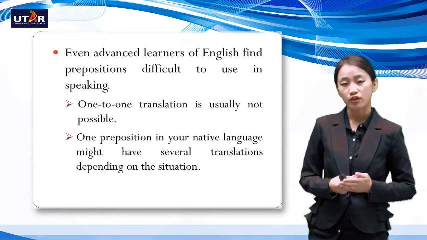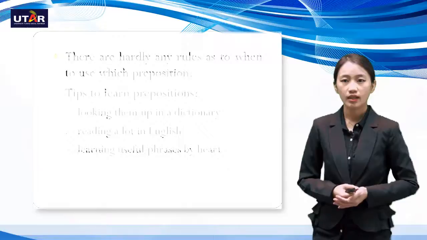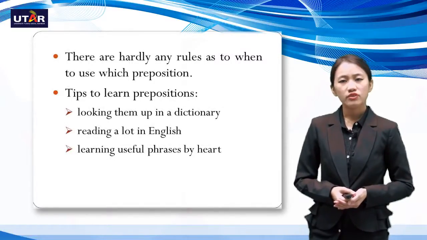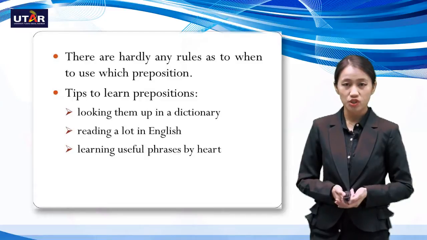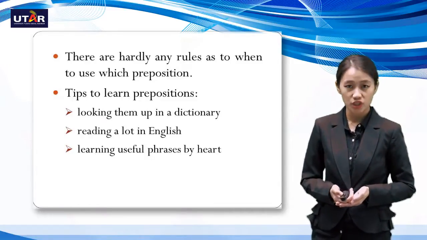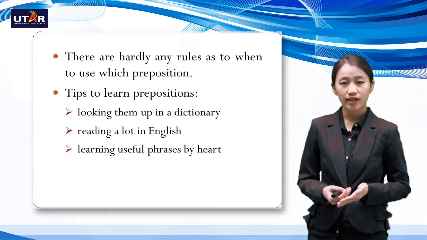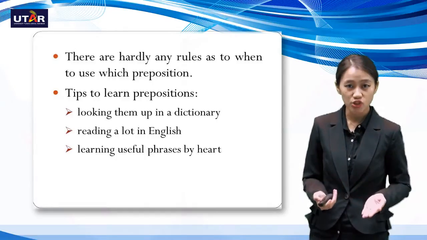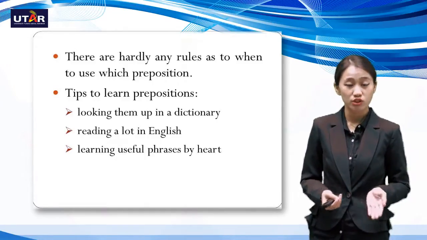So you have to be careful when you do translations. So there are hardly any rules as to when to use which preposition. The prepositions that were given to you were the common prepositions, for which we can provide usage, examples, and explanations, but most of the prepositions will have their own special cases.